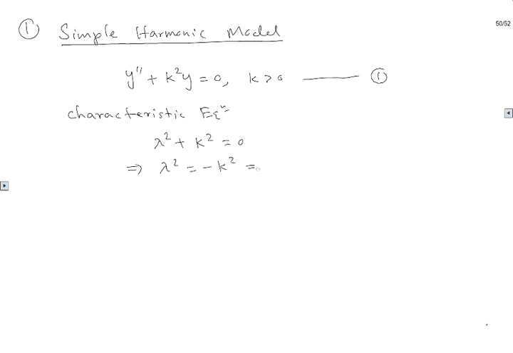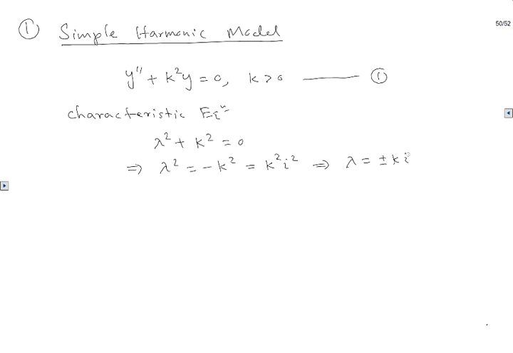And then we know that we can use complex numbers now. So you can write this as k squared i squared. Then once you take the square root, lambda is plus or minus ki. So you can see that this lambda is a complex number now.